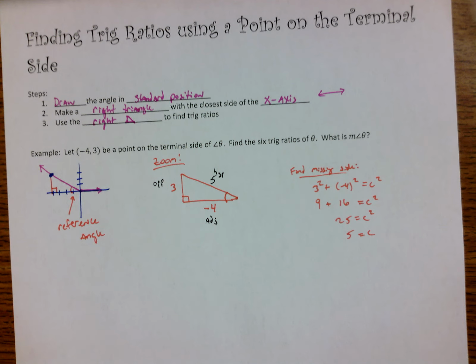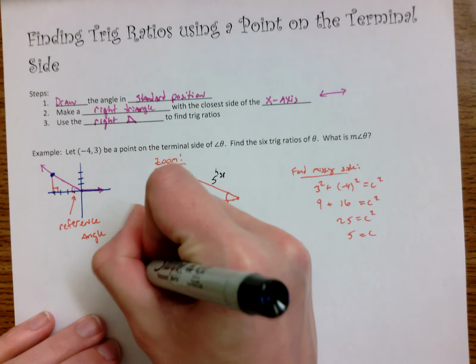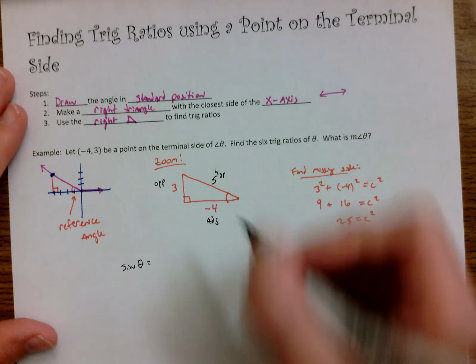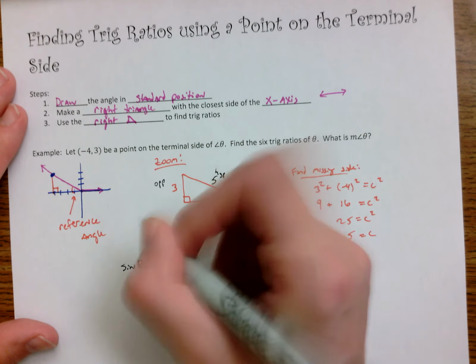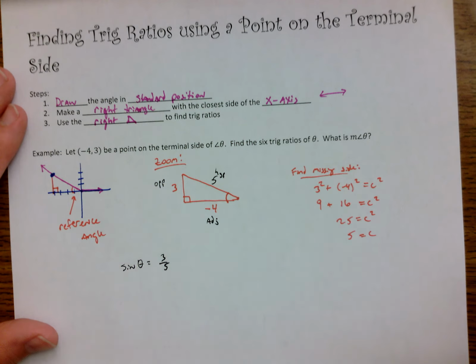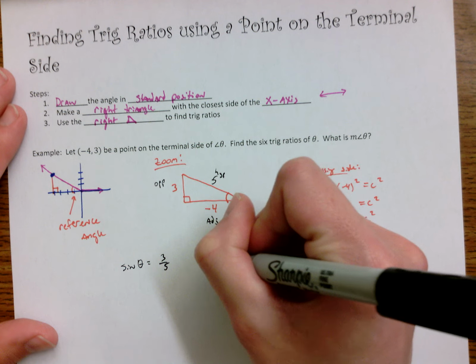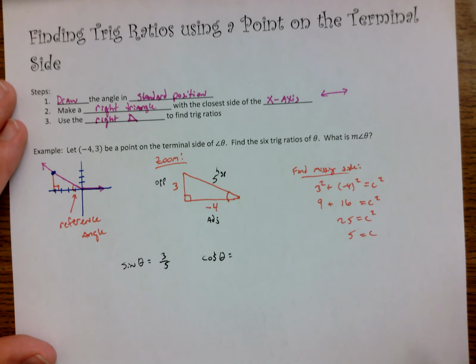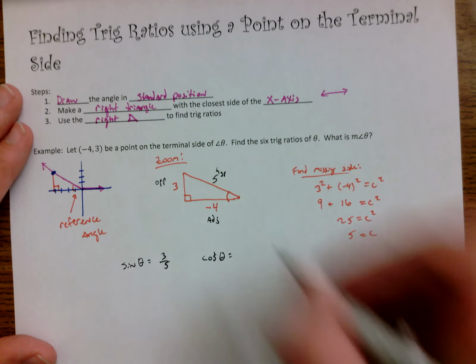And that makes it pretty easy for me to find my trig ratios. So to find all my 6 trig ratios now, sine, SOH, sine is opposite over hypotenuse, so 3/5. Cosine, CAH, the cosine is adjacent over hypotenuse.